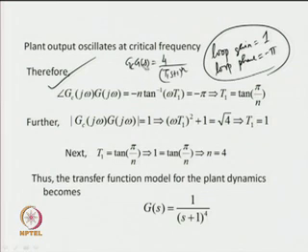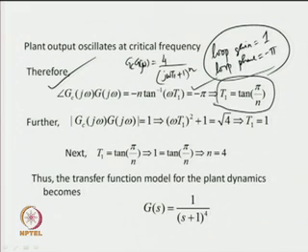Therefore, GC(j omega) G(j omega) will be equal to 4 upon (j omega T1 plus 1) to the power n. Using this, the phase angle is found to be minus n tan inverse omega T1, and the loop phase is equal to minus pi, which gives us an expression T1 is equal to tan(pi by n) divided by omega, but omega is equal to 1. Therefore, we have written the expression for T1 as tan(pi upon n).